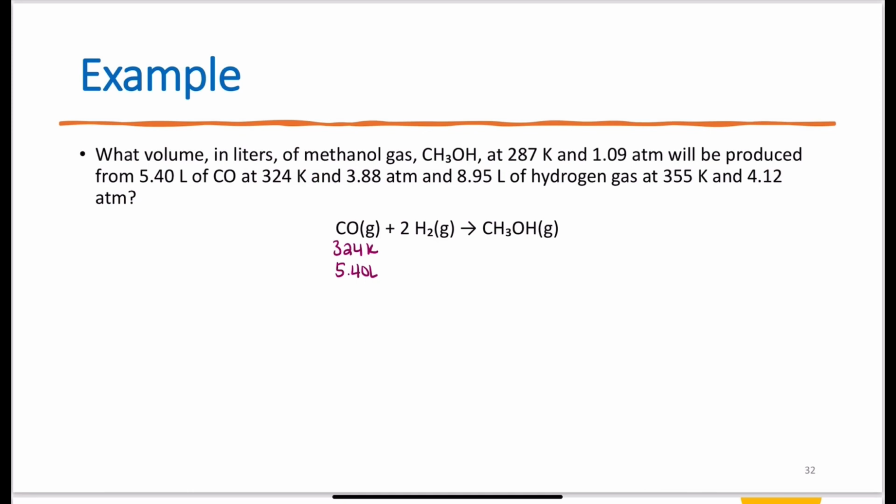Let's see, volume. I want volume here. 287 K, 1.09 atmosphere. And 3.88 atmosphere, 8.95 liters.